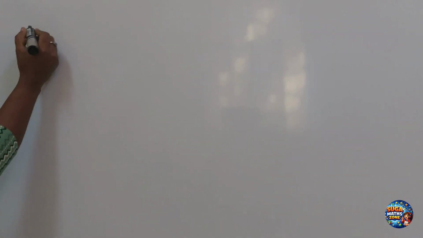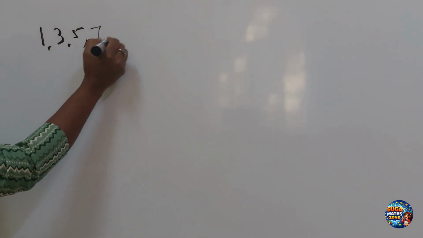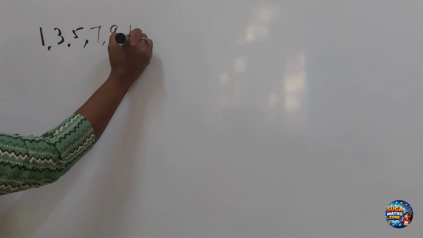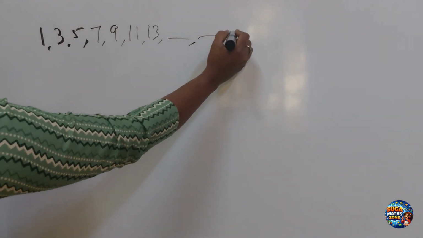The next one is odd numbers. In your textbook they are giving us 1, 3, 5, 7, 9, 11, 13. After that you have to find the next 3 numbers.